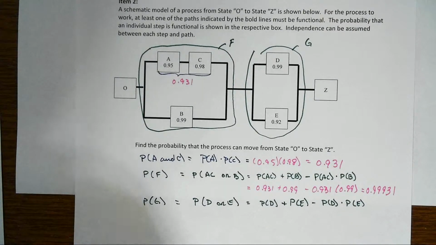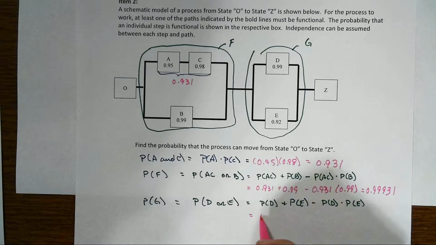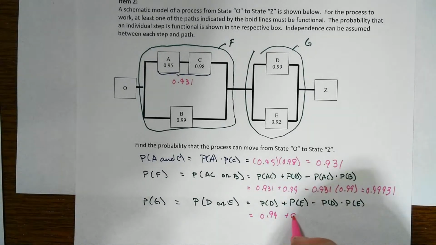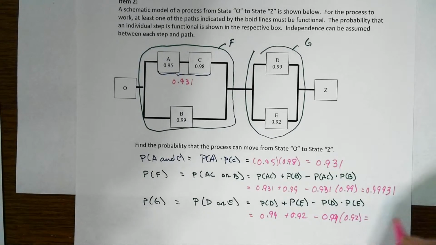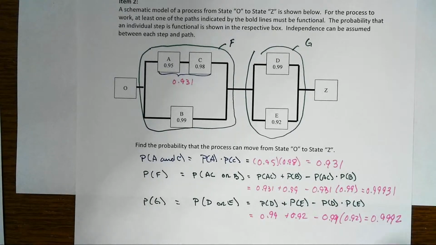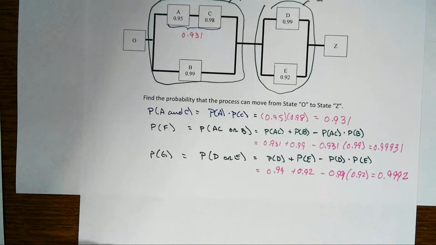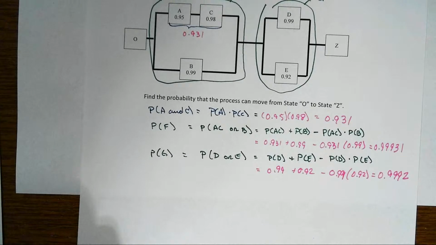There we'll have 0.99 plus 0.92 minus the product of those two, and that is 0.9992.